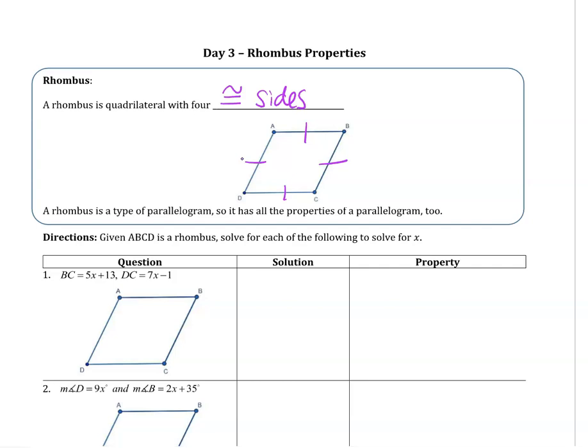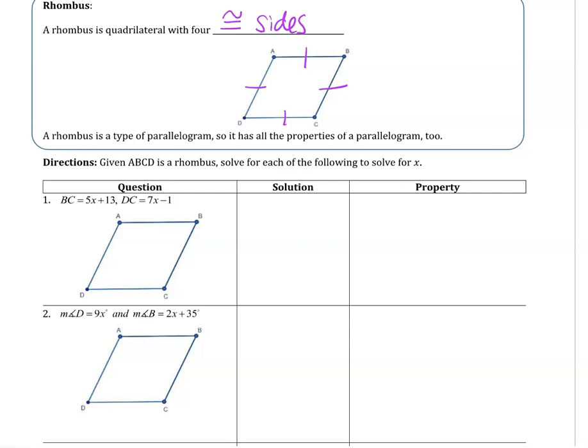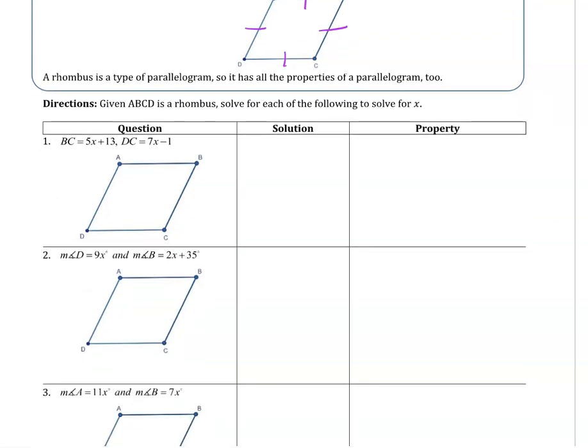Now, using both parallelogram and rhombus properties, we're going to solve for x in the following examples. So given ABCD is a rhombus, solve each of the following for x. So if I have my picture here and I know BC is 5x plus 13 and DC is 7x minus 1, because it's a rhombus, I know all my sides are congruent.